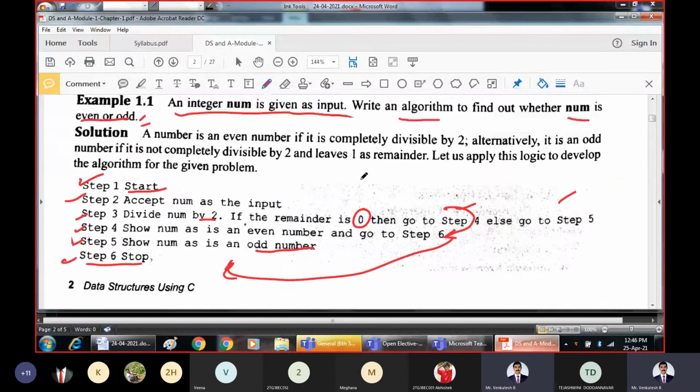I will go back to the previous algorithm. As you can see, this is a very simple algorithm to find whether a number is odd or even. It consumes only 4 fundamental key steps. If you consider some big real world problem, like which process has to be given priority for execution, then that algorithm will have hundreds of steps.